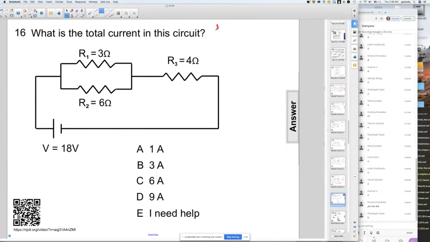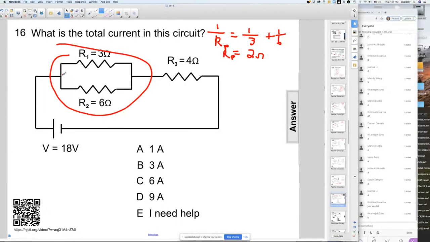So first I'm going to add these two. So the two in parallel, 1 over R parallel is going to equal 1/3 plus 1/6. We already did that before. Those two in parallel result in a 2 ohm resistor. So these two add up to as if there was one resistor here equal to 2 ohms. And that resistor is in series with this resistor, 4 ohms.